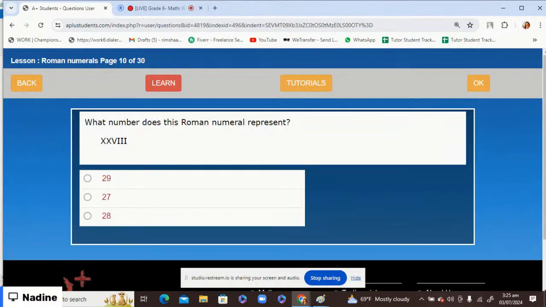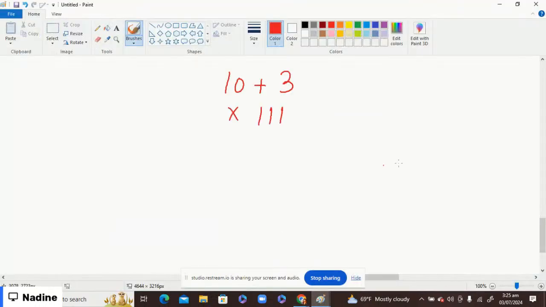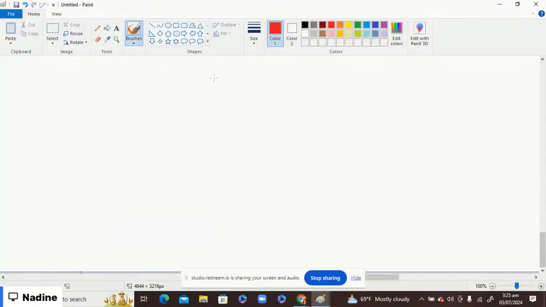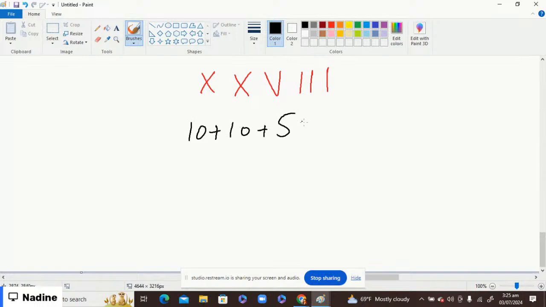Okay, so check with this. This is a different one. What number does the Roman numeral represent? 2 X's, V, 3 I's. Now look, 2 X's, then it's V, then it's 3 I's. 2 X's represent 10 plus 10, V represents 5, and 3 I's represent 3.